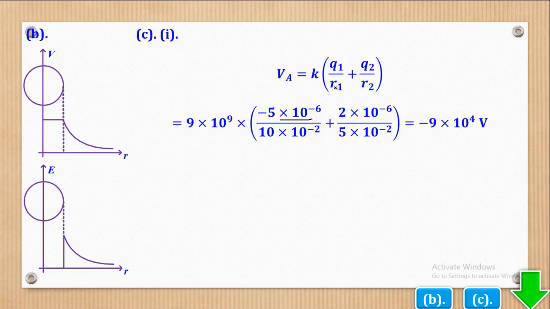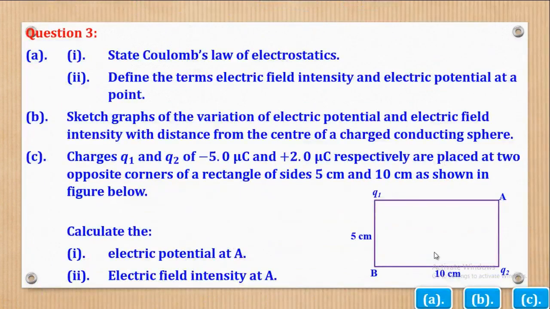Then this R, if you look at the diagram, for Q1 the distance is 10 centimeters and for Q2 R is 5 centimeters. So 10 centimeters you have to change to meters.